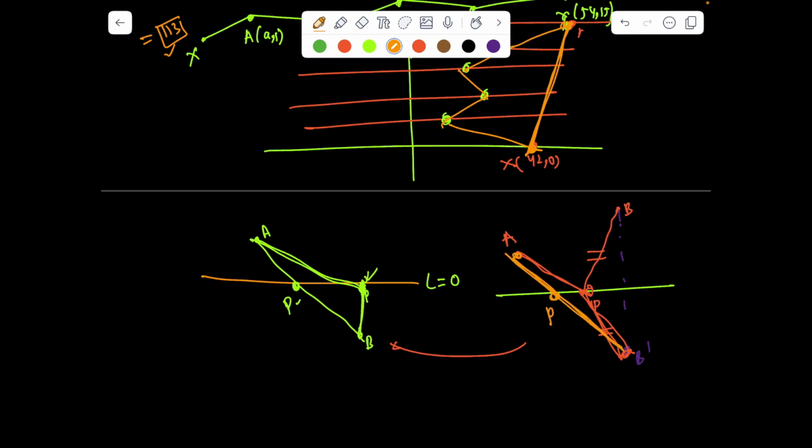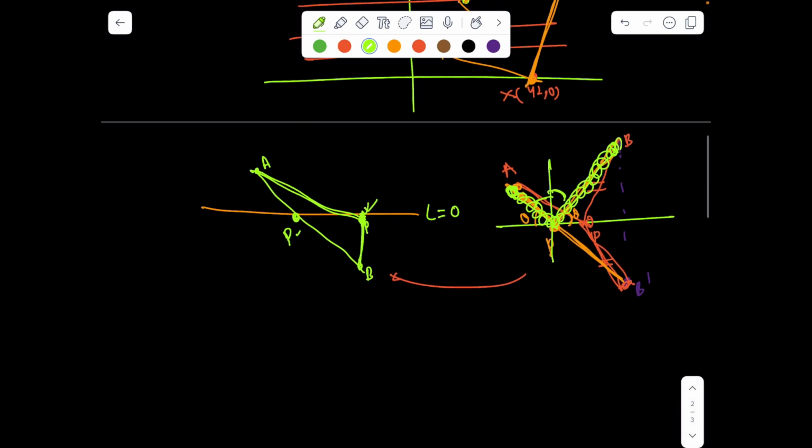So if the point is over here, corresponding to this, I'll get the minimum value of AP plus PB. In fact, you can see very clearly these two angles are equal, and it's exactly the path taken by light. So in nature, if light has an option to travel from A to B, it will take this path following the law of reflection.